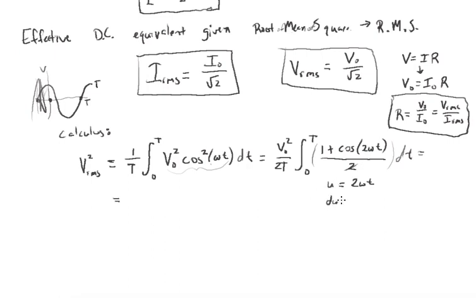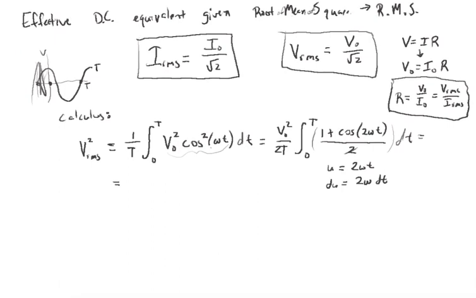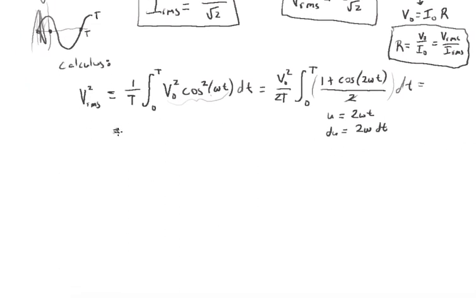Right now I'm just going to show it to you. Taking the derivative, du is 2 omega dt, and then I can substitute that in over here. So right here we substitute this.